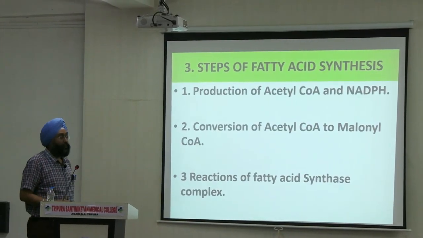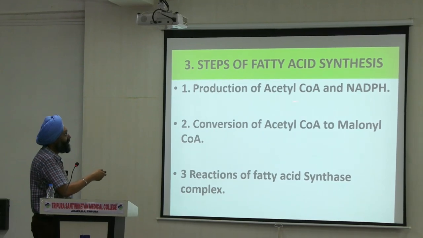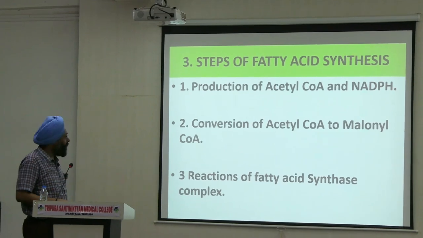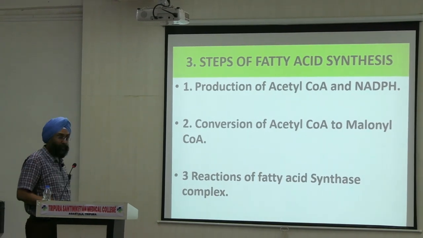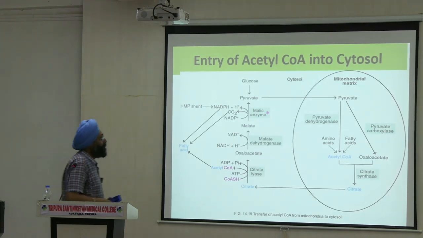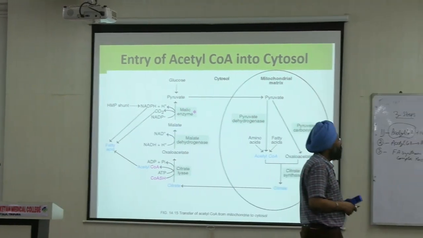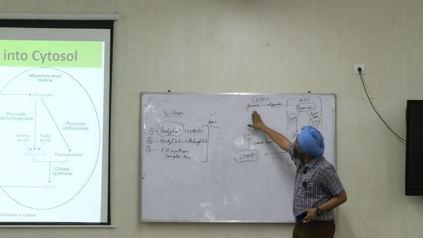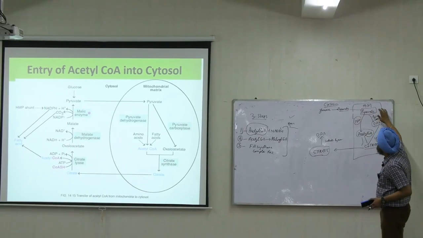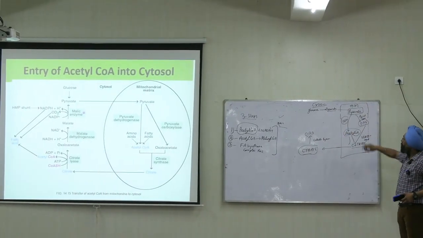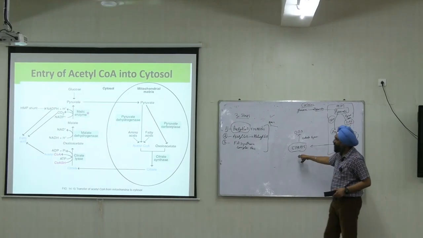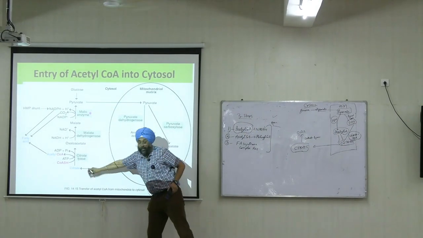So, right, the three steps are there. First is production of acetyl-CoA and NADPH, conversion of acetyl-CoA into malonyl-CoA, and the third is fatty acid synthesis complex proper, right? Now see this reaction first. See, glucose is there, it is converted to pyruvate via glycolysis, and this pyruvate can enter the matrix. See, pyruvate via pyruvate dehydrogenase complex will form acetyl-CoA, permeable into the cytosol here, blue one.